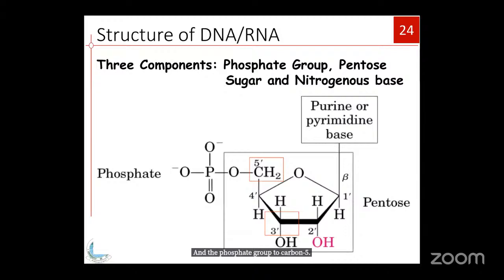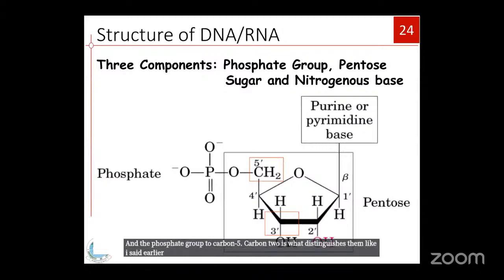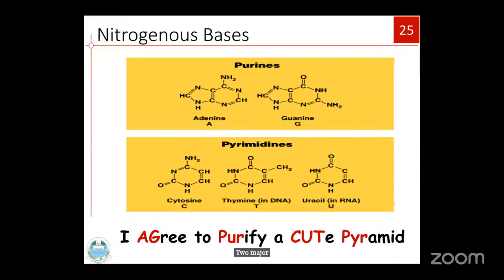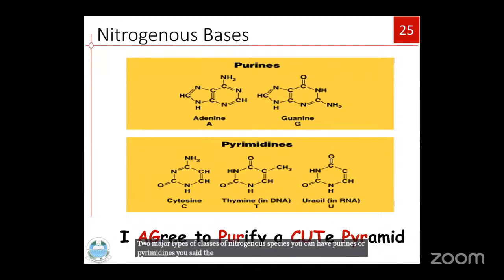Carbon 2 is what distinguishes them, where you can either have an OH or H, depending on whether you're looking at DNA or RNA. Then we looked at the nitrogenous bases. There are two major classes: purines or pyrimidines. The purines are double ring and they are A and G, that is adenine and guanine. The pyrimidines are single ring and they are cytosine, thymine in DNA and uracil in RNA.